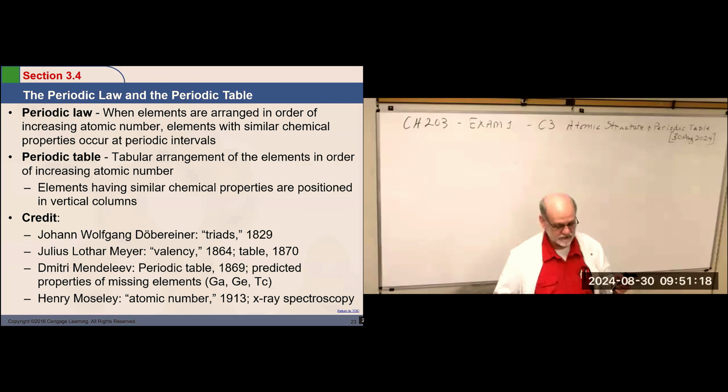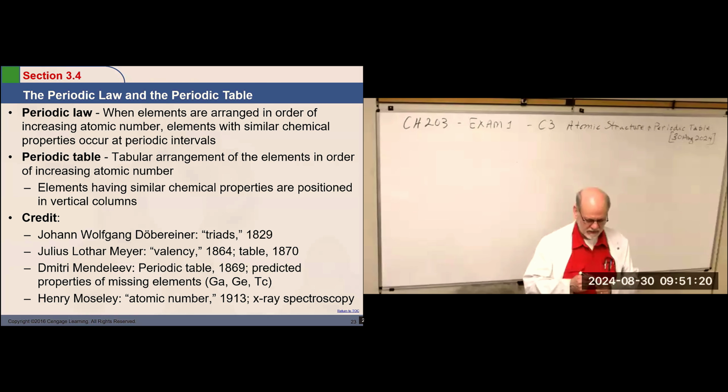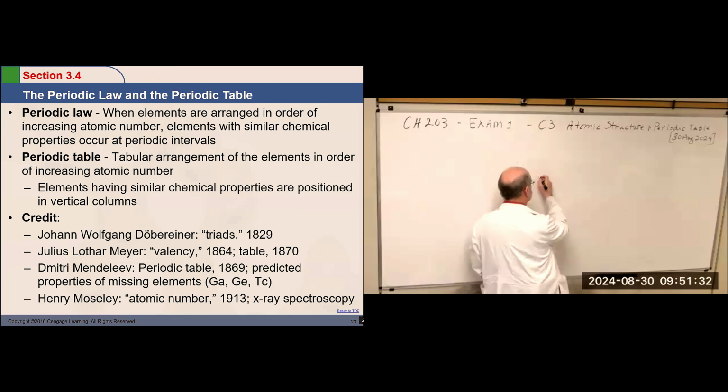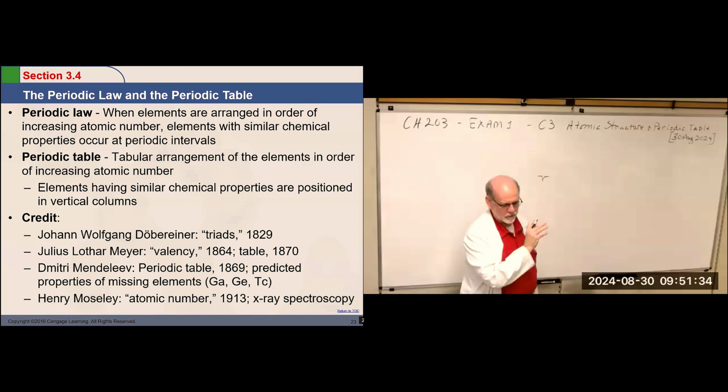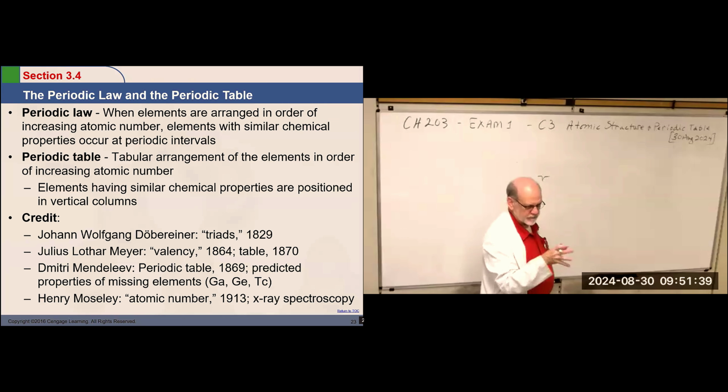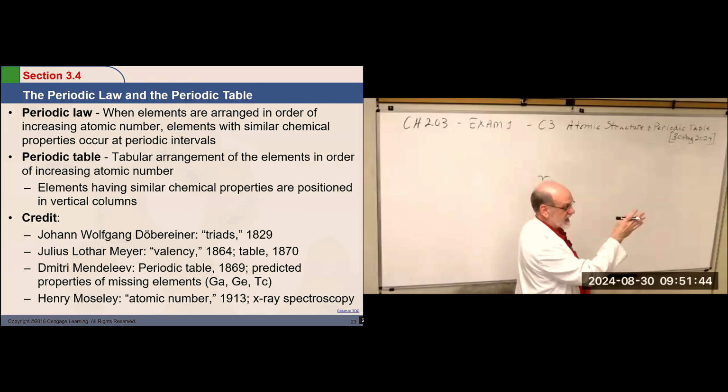And what he noticed was that one particular line of the spectra, I'm not sure how he figured out which one to use, but he could determine the frequency for each of the elements, had a unique frequency. And in his formula, all he had to do to go from, say, potassium to calcium to scandium to titanium is just increment this number by a factor of one whole number.